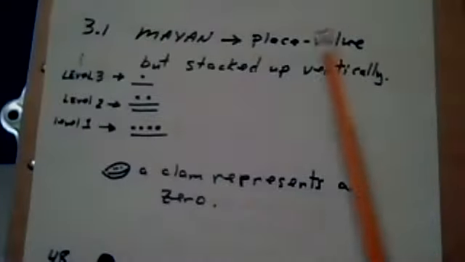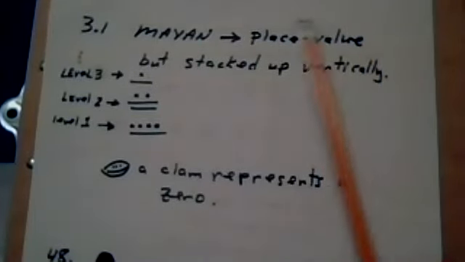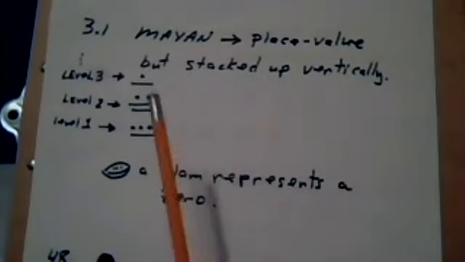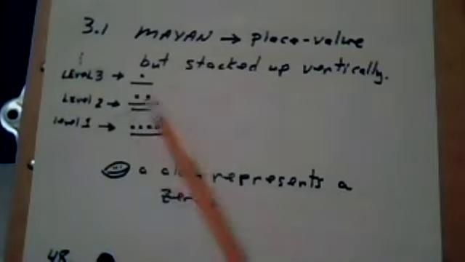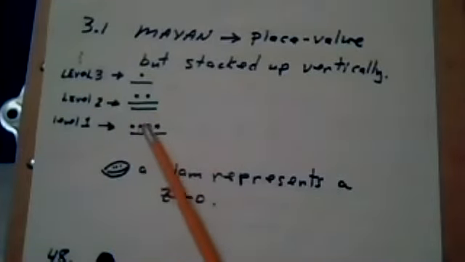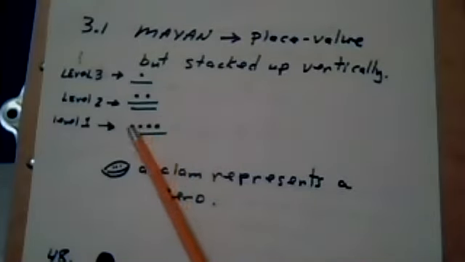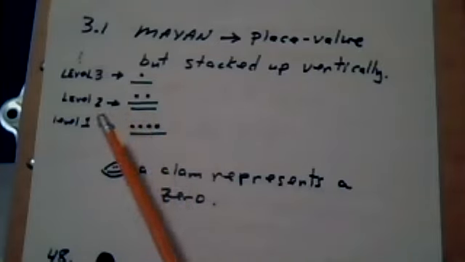The Mayans also had a place value system, but they stacked up their numbers vertically. Instead of going sideways, they stacked them up. Level 1, level 2, level 3. So since it's a place value, you first find what these symbols mean together, what number you get, and then you get a place value. Each of these has a place value.